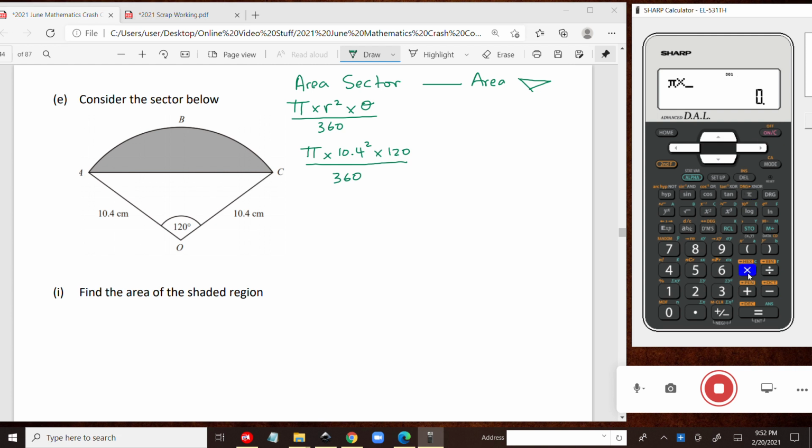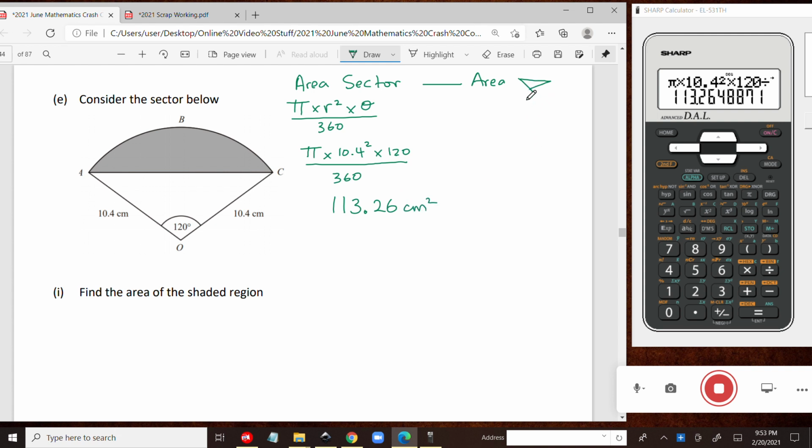Pi multiplied by 10.4 squared multiplied by 120 divided by 360. And I am getting 113.26 centimeters squared, obviously.